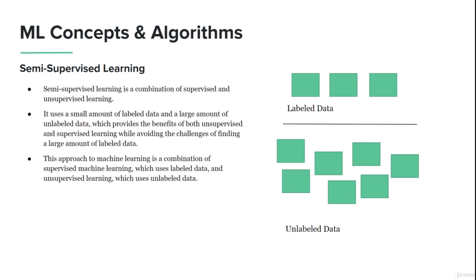This approach to machine learning is a combination of supervised machine learning, which uses labeled data, and unsupervised learning, which is the use of the unlabeled data, right? So you're using essentially a combination of both, right? This means that you can train a model to label data without having to use as much labeled data.